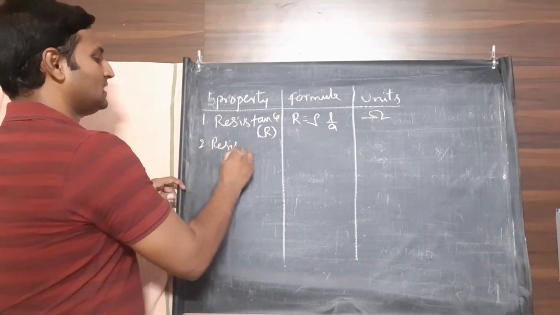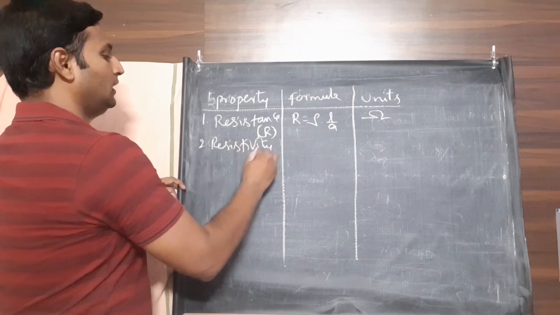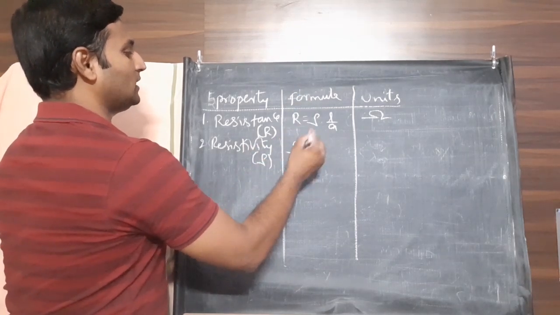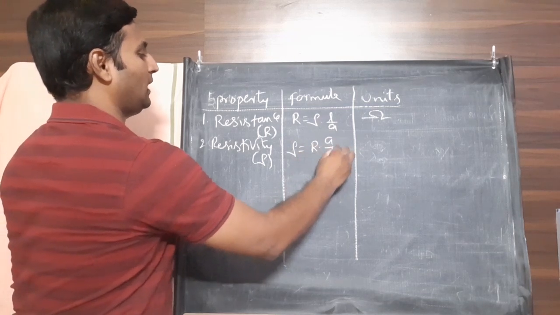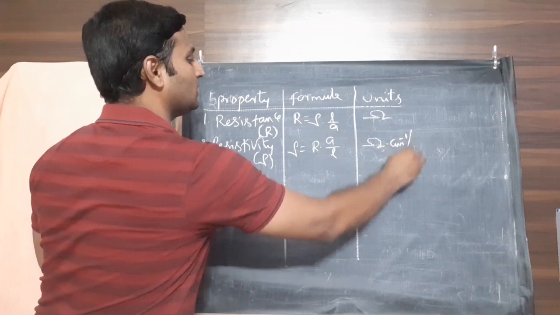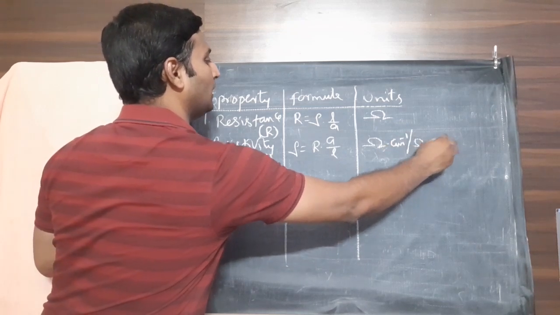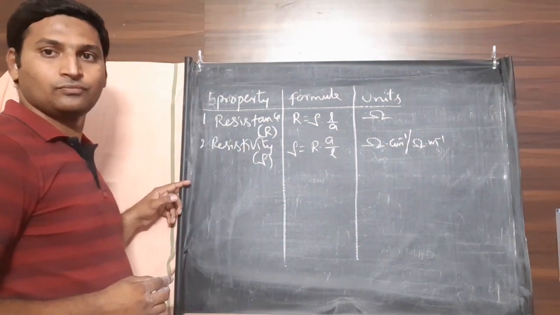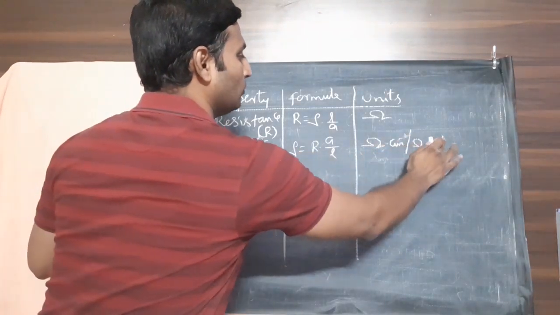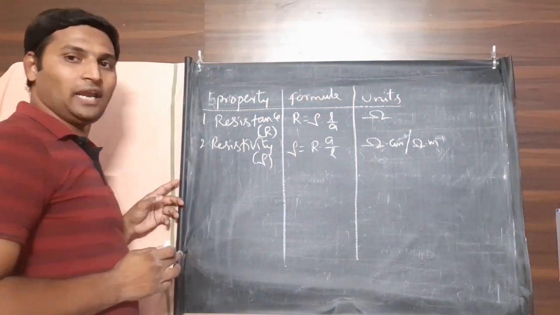Second one is resistivity, denoted by rho. Its formula is rho is equal to R into A by L and units are ohm centimeter or ohm meter.